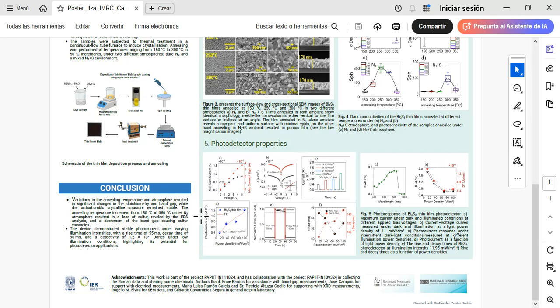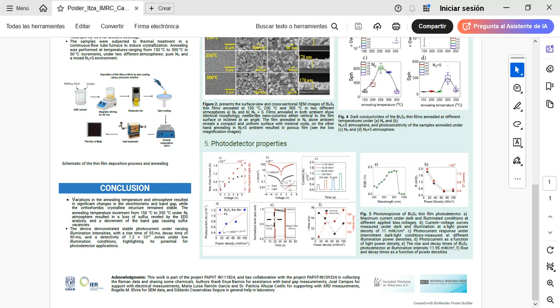The annealing temperature increment from 150 degrees Celsius to 350 degrees Celsius under nitrogen atmosphere resulted in a loss of sulfur, revealed by the EDS analysis, and the decrement of the band gap, causing sulfur vacancies.